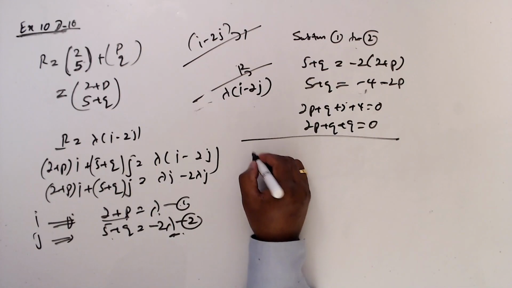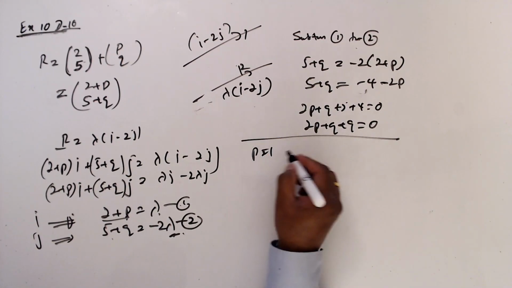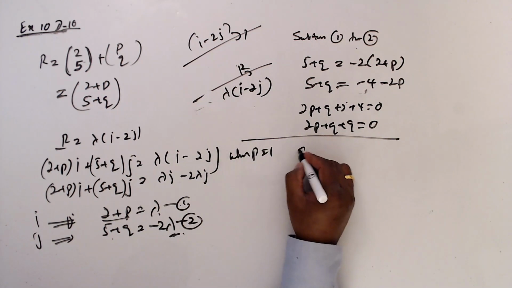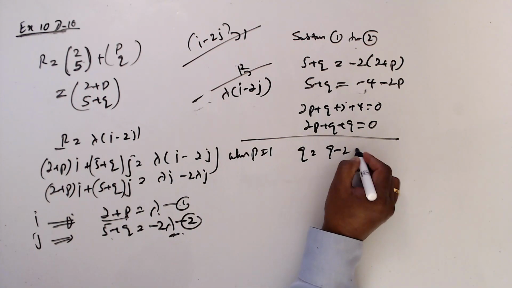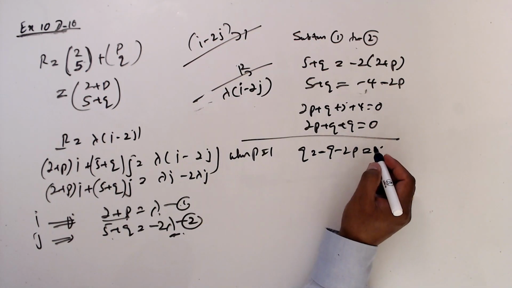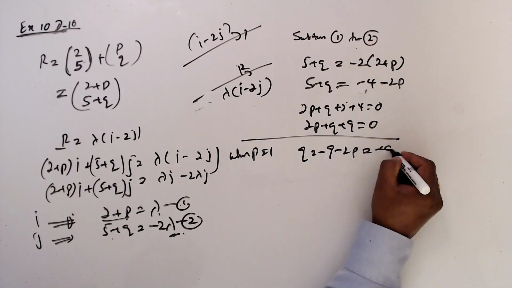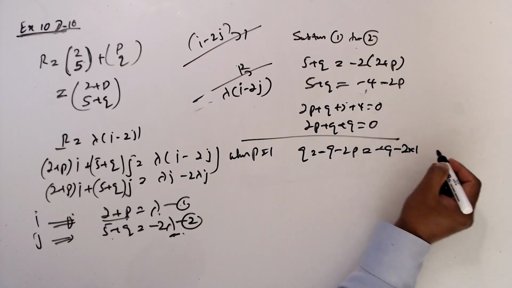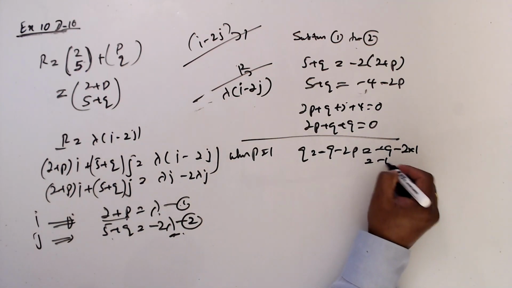So next part, given p equals 1. When p equals 1, q is minus 9 minus 2p. So minus 9 minus 2 times 1, that is going to be minus 11.